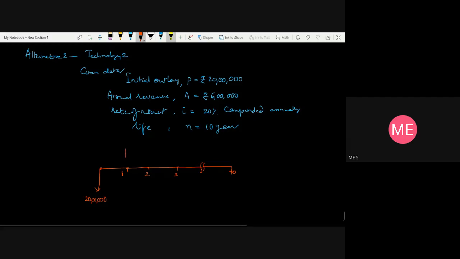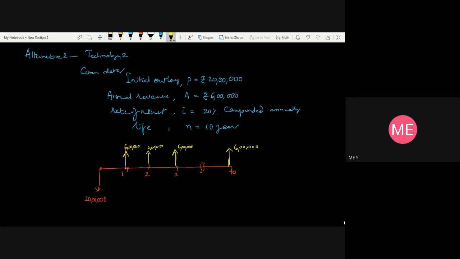I'll show this as 6 lakhs, and here also 6 lakhs, and here also 6 lakhs. So this is the cash flow diagram. At the end of the 10th year it is also 6 lakhs.